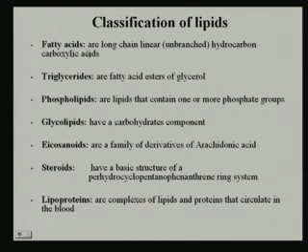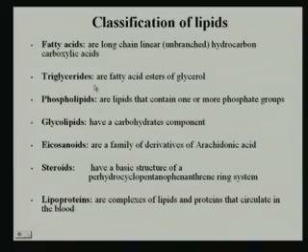It has a carboxylic acid group attached to its core moiety. Triglyceride, phospholipid, glycolipid, icosanoid lipid, steroids, and lipoproteins are the different types of lipids present in the lipid family.